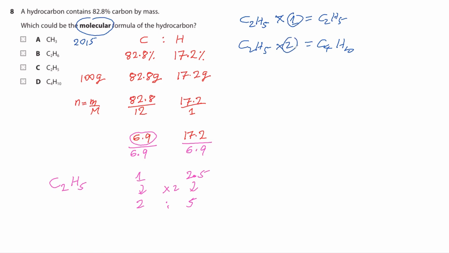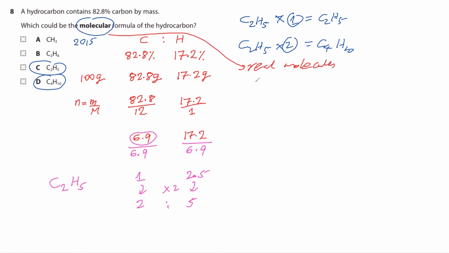I'm not going further than that because there are only two answers tallying with this combination, C2H5 times 1 or C2H5 times 2. But remember, when you talk about a molecular formula, there has to be a real molecule. Molecular formula refers to the real molecule. We have learned about two types of hydrocarbons. Let's see whether we can put these formulas into them.